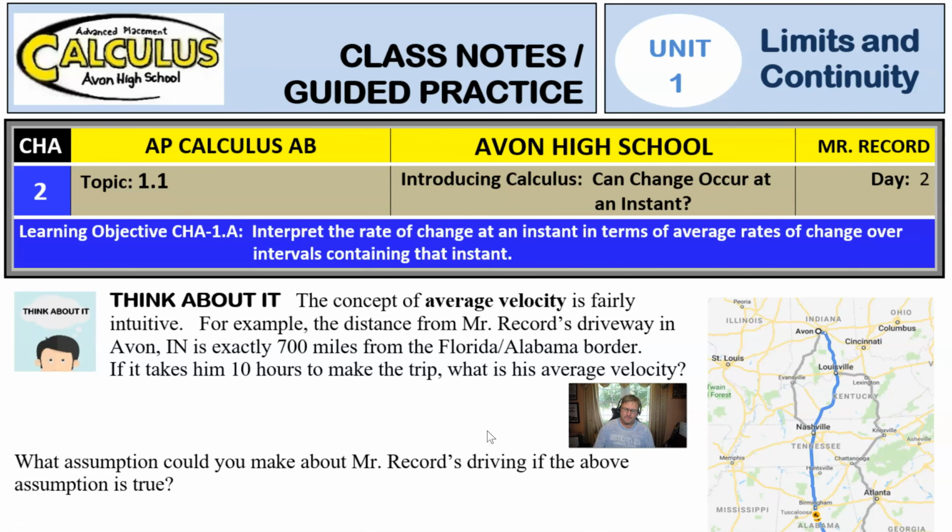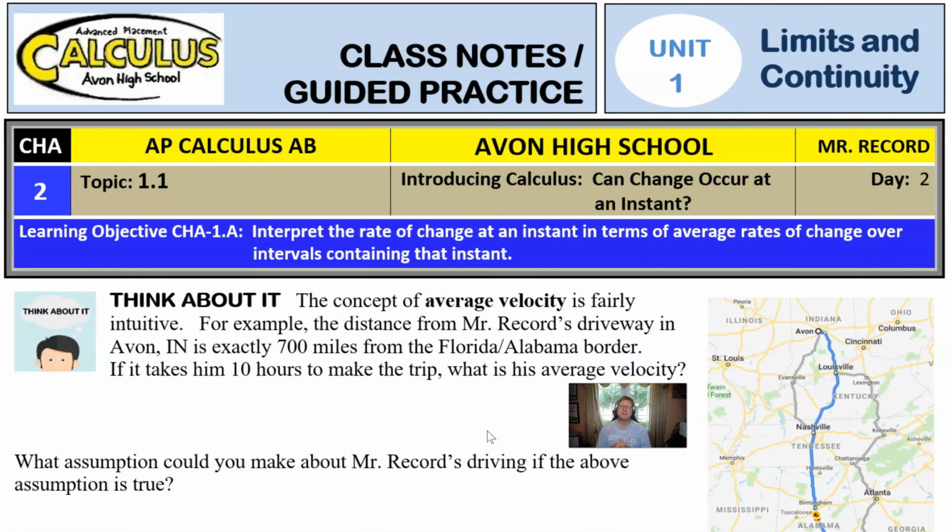If I were to put this into a real life perspective, the distance from my driveway in my town, Avon, Indiana, is very strangely exactly 700 miles from the Florida-Alabama border.